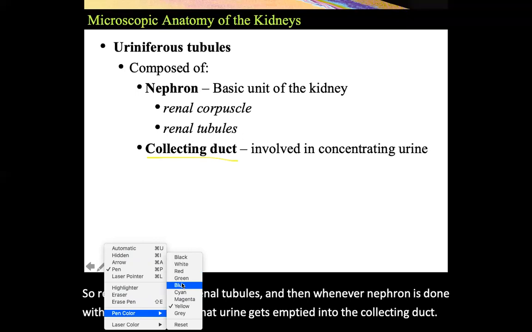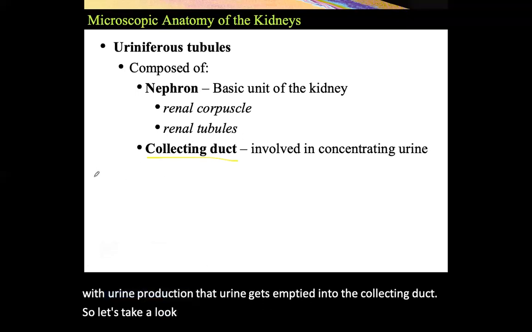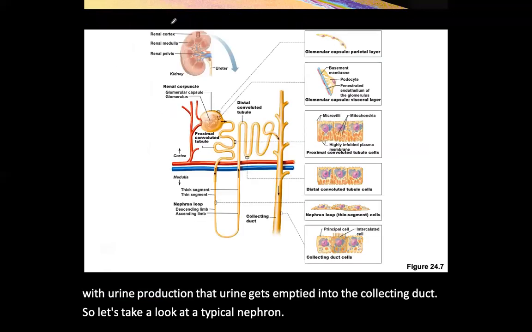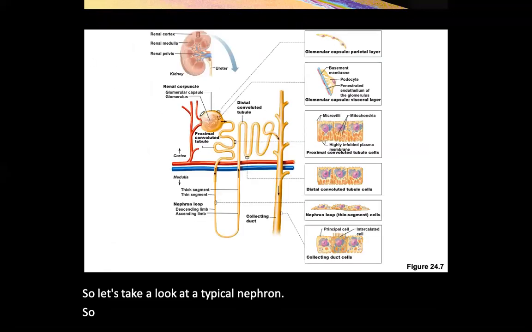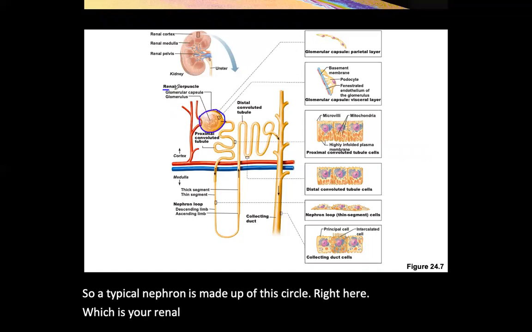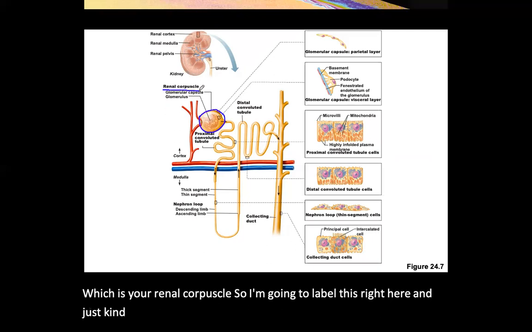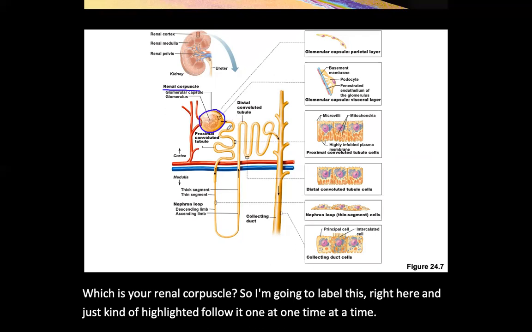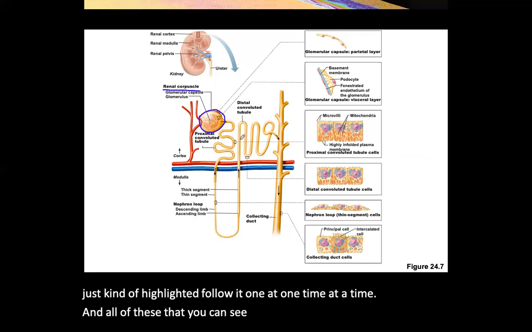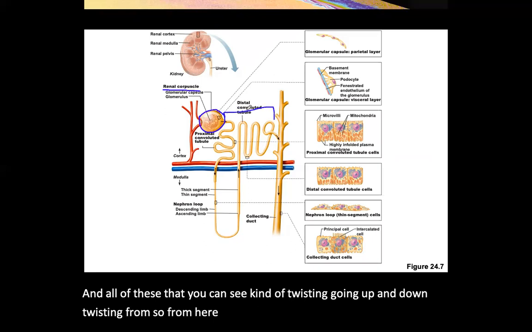So let's take a look at a typical nephron. A typical nephron is made up of this circle right here, which is your renal corpuscle. So I'm going to label this right here. I'm just going to highlight it, following it one thing at a time. And all of these that you can see twisting, going up and down, from here to here, would be your renal tubules.